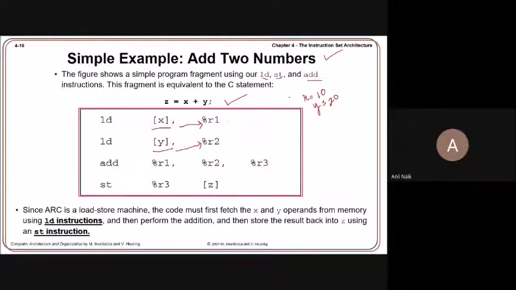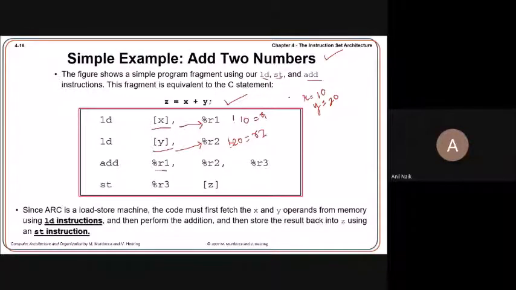So that we are loading here. What does R1 contain? This is the comment, how we specify it: the R1 register contains now the 10 value. This is how we specify a comment: 20 in R2.